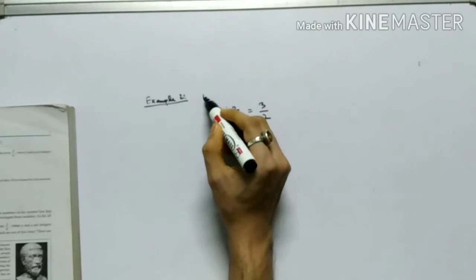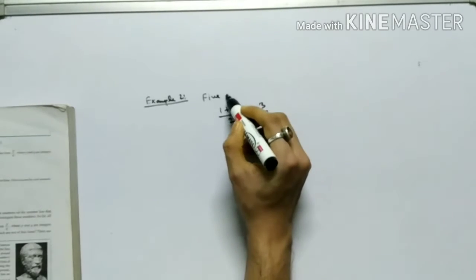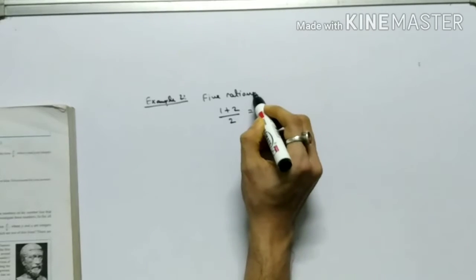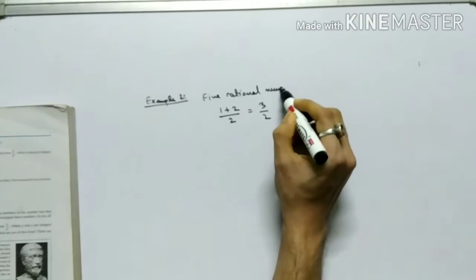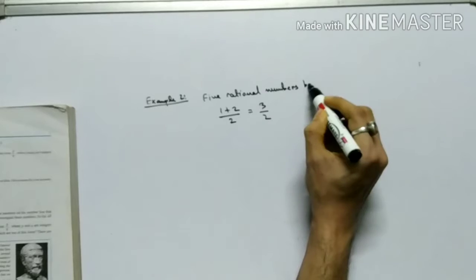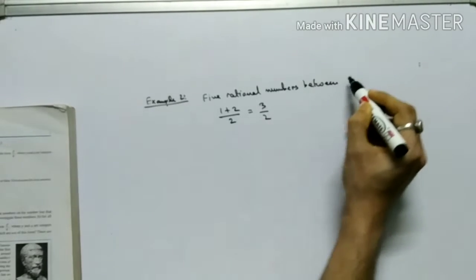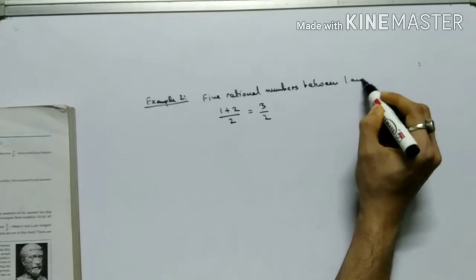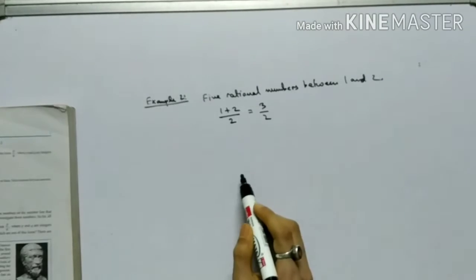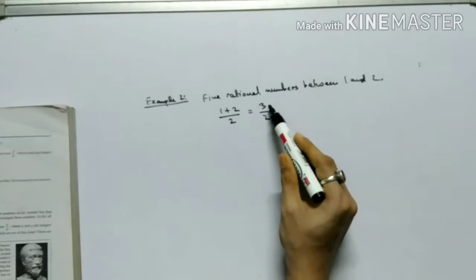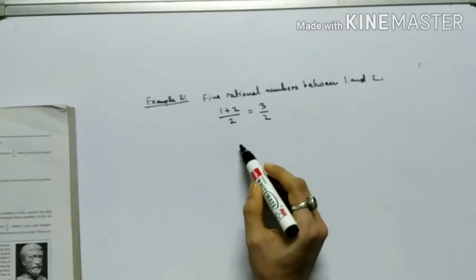I have to find 5 rational numbers between 1 and 2. So now 3 by 2 lies between 1 and 2.